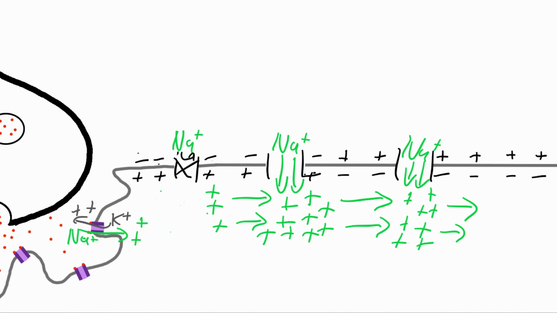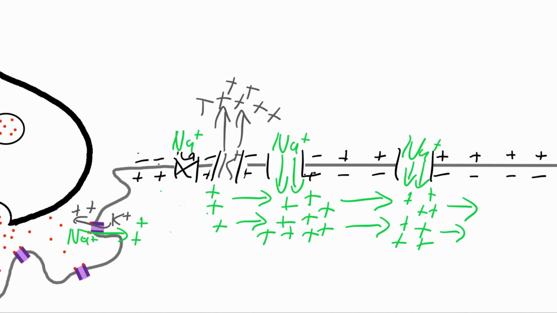But what will happen at the same time is you're going to have a voltage regulated potassium channel opening. This voltage regulated potassium channel is going to allow potassium to flow out. So we're taking all of these positive ions out of the cell now.